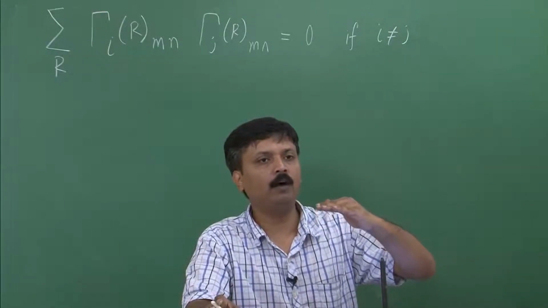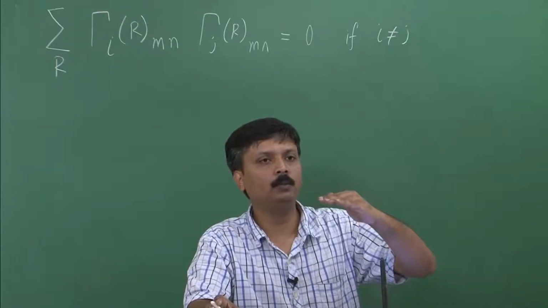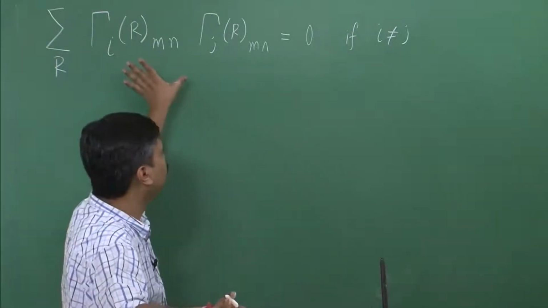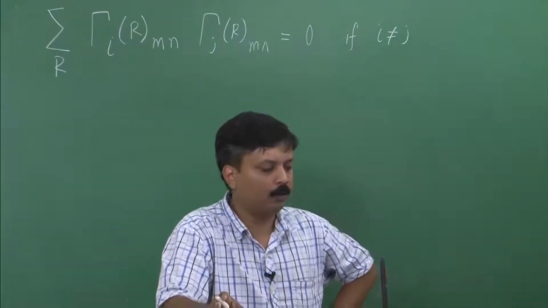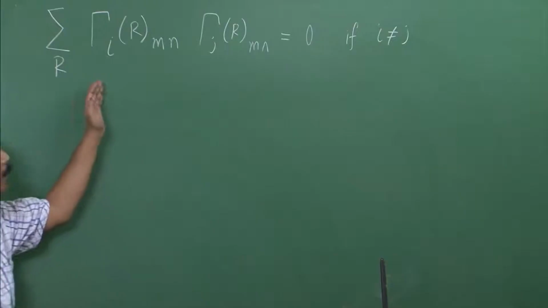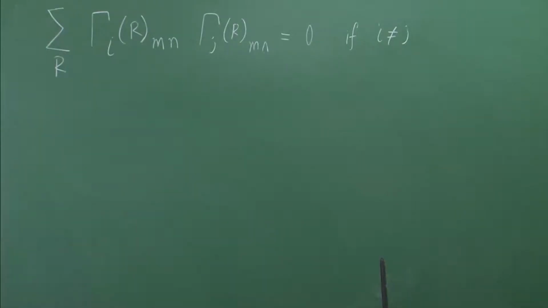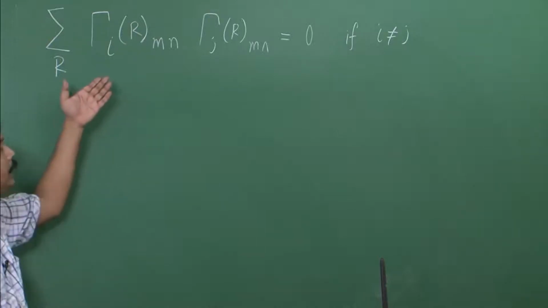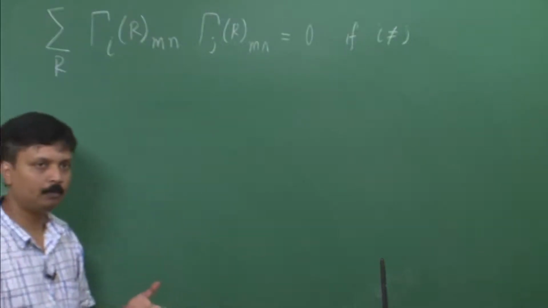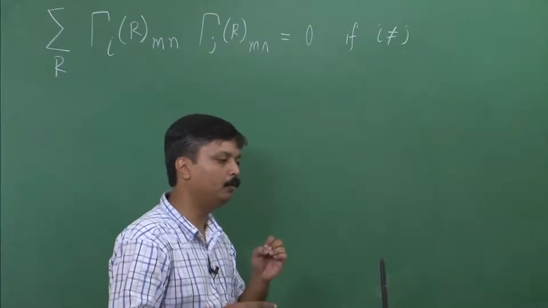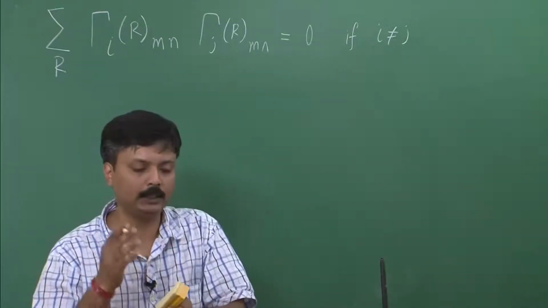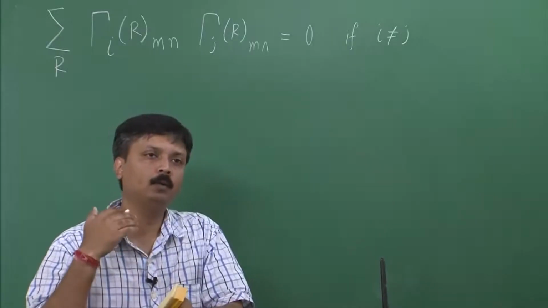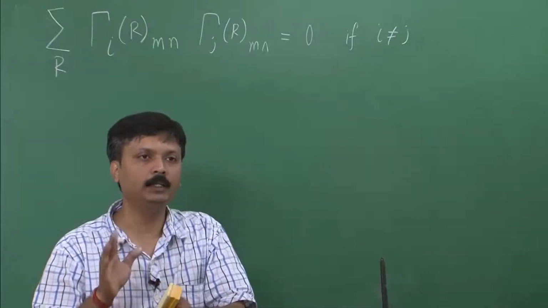So now if I want to multiply 2 different irreducible representations, then the characters will give me 0. But if I do it with itself, like choose one particular irreducible representation and multiply with itself, then that will not be 0. Okay.